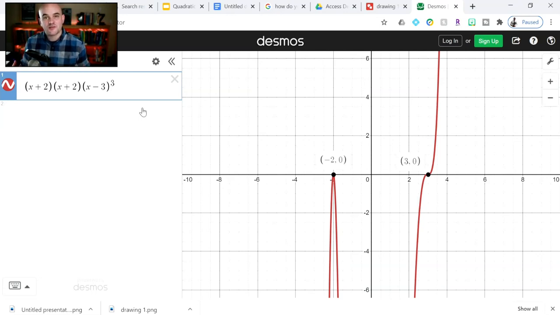If you want it to bounce, you write it an even number of times or raise that factor to an even power. Or if you want it to go through, you write it out an odd number of times or write that factor raised to an odd exponent. So that's how we can use multiplicity to manipulate whether or not the graph is going to bounce or go through at the x-axis. Okay?